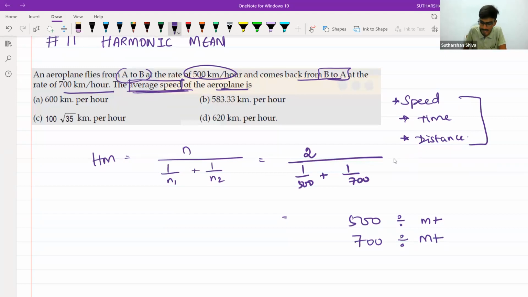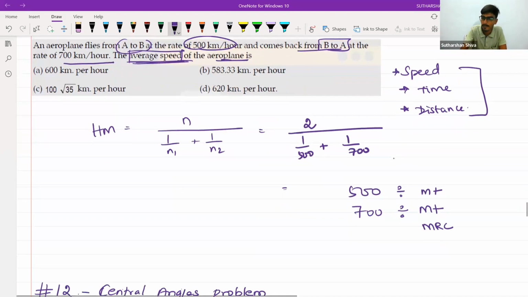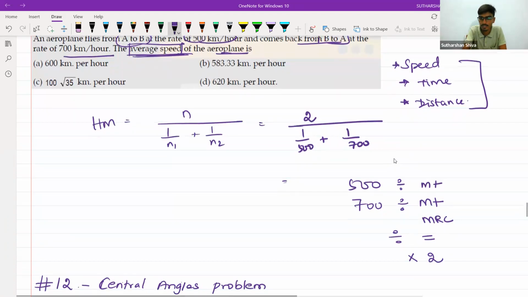Okay, press MRC. Now press divided by, equal to. Now press multiply by 2. What is your final answer?